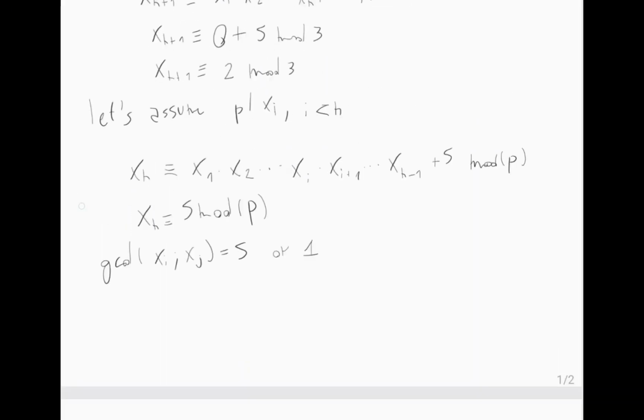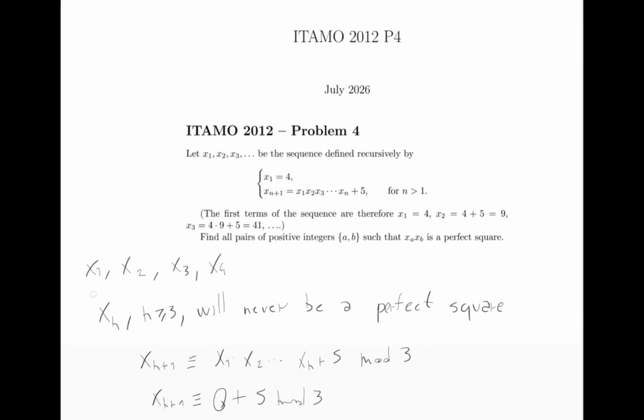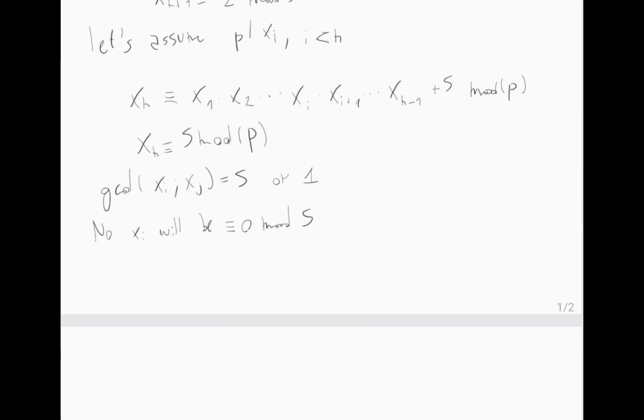And we can also say that no xi will be congruent to 0 mod 5, and this is because let's say that xn is not divisible by 5.